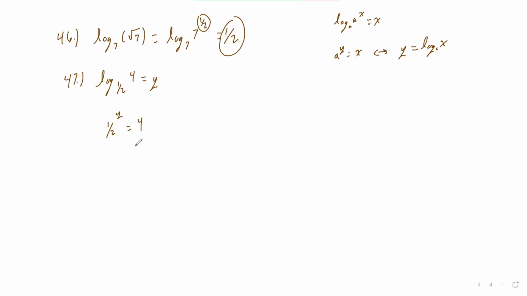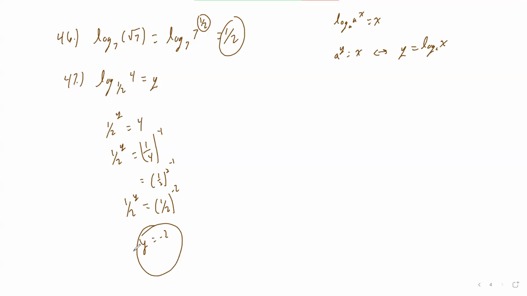Mathematically, I need to turn this one into that. So this is 1/2 to the y. If I raise this to the negative 1, there we go. And then this is the same thing as 1/2 squared raised to the negative 1. So then I get 1/2 to the negative 2, because a power to a power, you multiply. And by looking at this, I can then say y must equal negative 2. Again, basically solving these without a calculator.